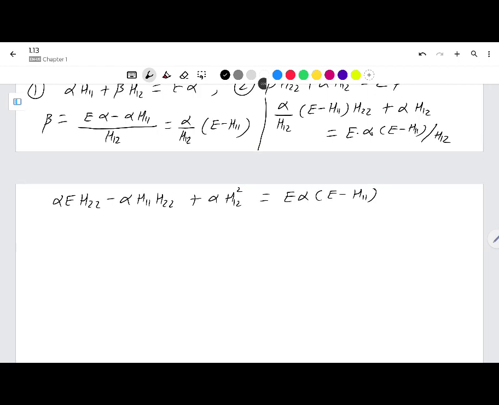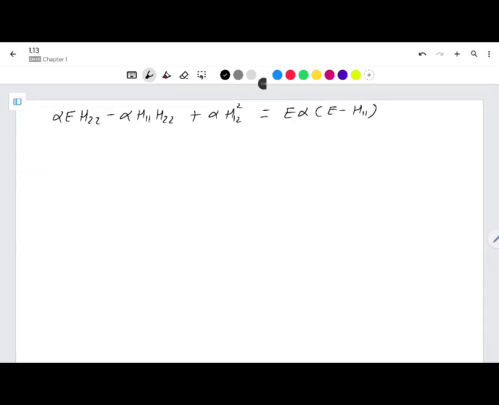H12 cancels on both sides. Okay, so what do we have now? E H22 alpha minus alpha H11 H22 plus alpha H12 square minus E square alpha plus E alpha H11 equals 0. Okay, alright.